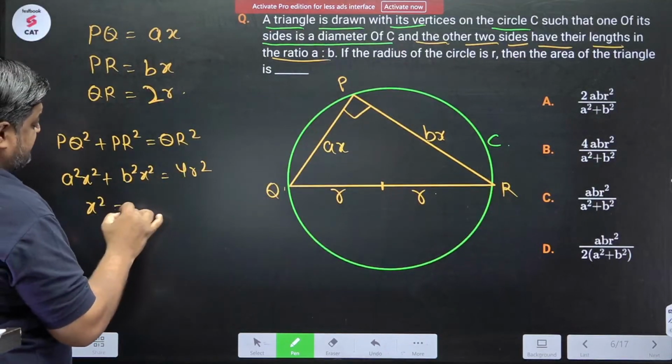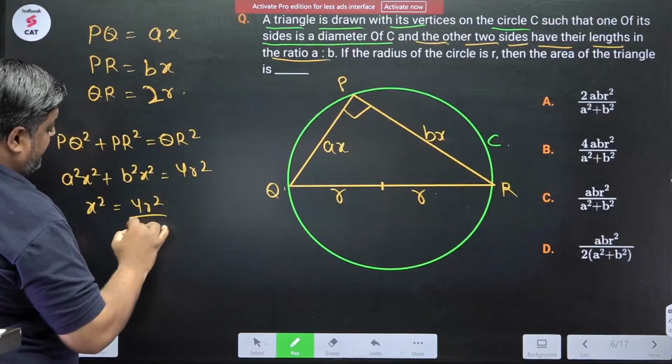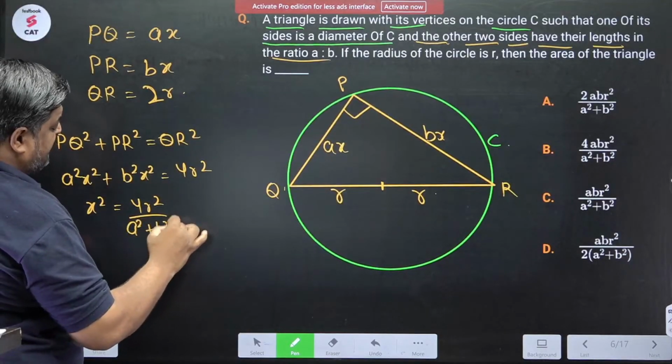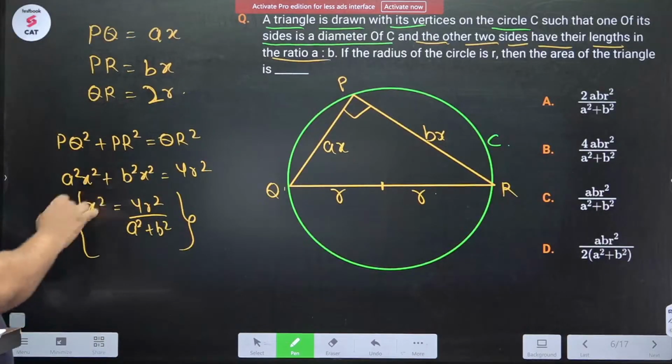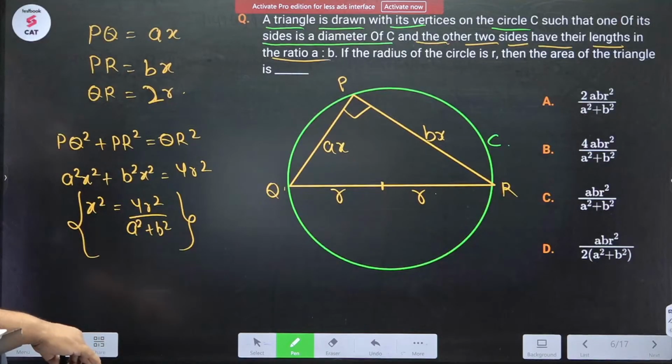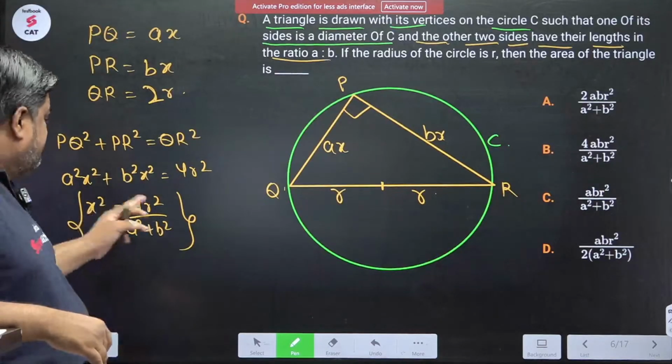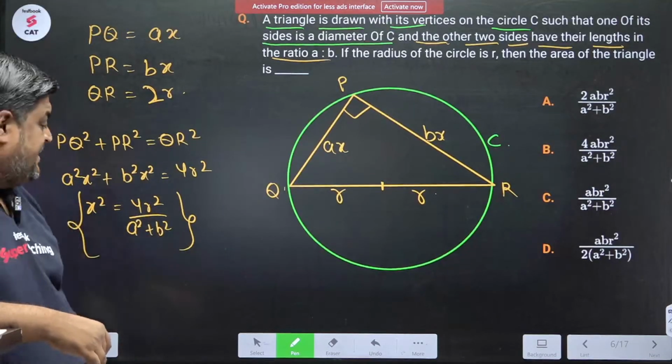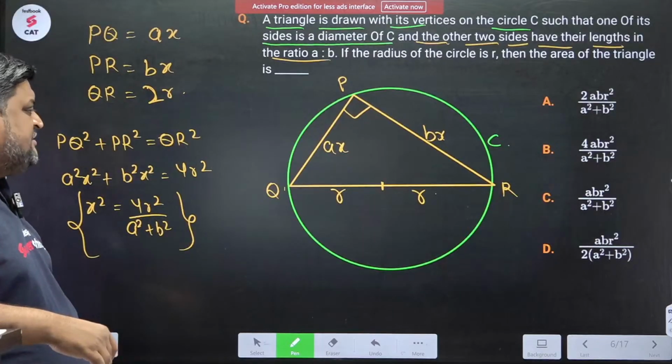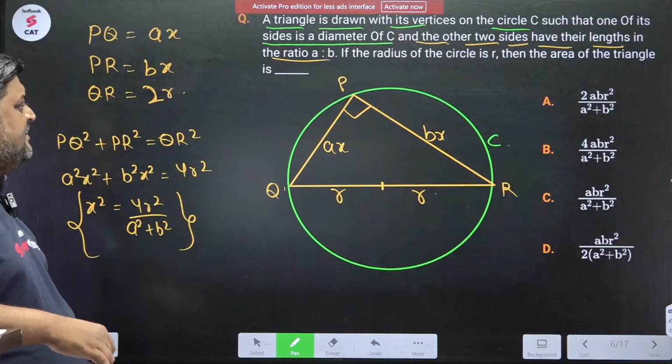X square is nothing but 4R square upon A square plus B square. So this is the takeaway. X square is nothing but 4R square upon A square plus B square.